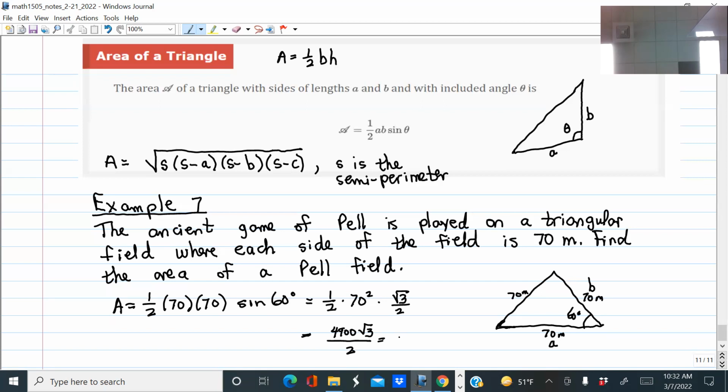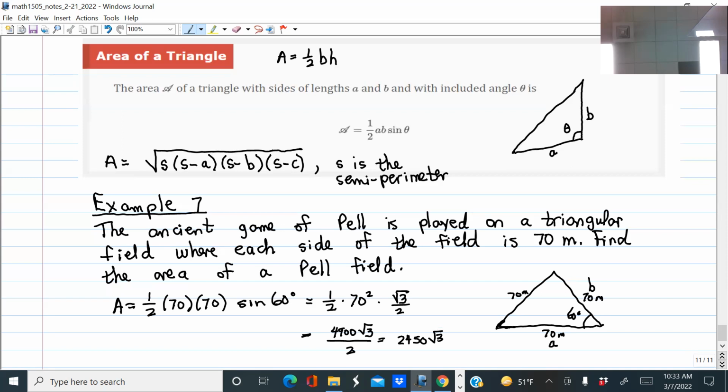Yeah, okay, right. 4,900 over 2 is 2,450. Okay, yeah, 2,450 times the square root of 3.